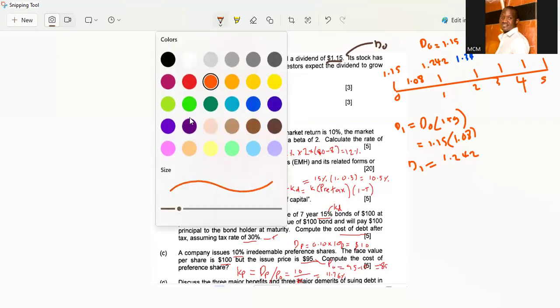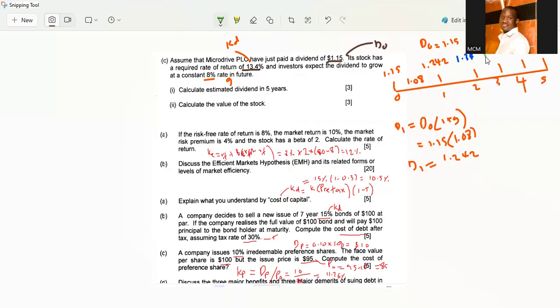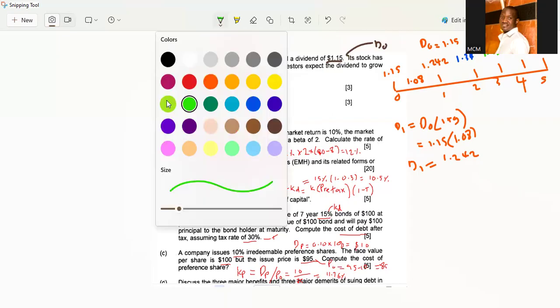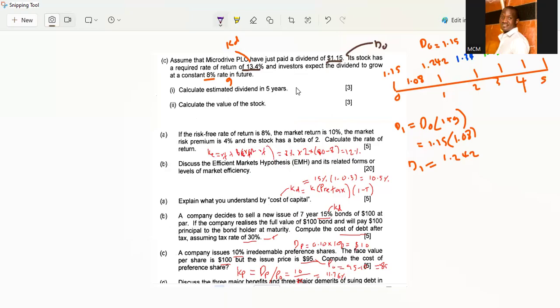Then this answer you multiply by 1.08. You should get 1.56. And this one you multiply times 1.08, you get 1.69. So these are the dividends for the subsequent years. So 3 marks for this.